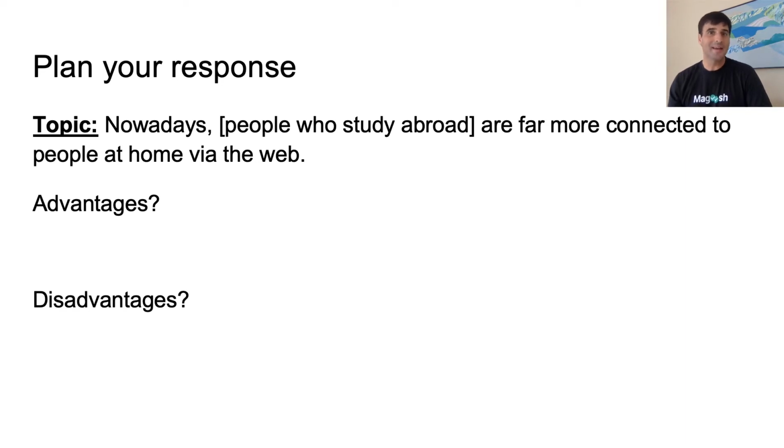Now, if you're like me, and I think many other people, it's going to be easier to think about advantages when you're brainstorming, right? I think the disadvantages of this new technology may be the more challenging side to think through.